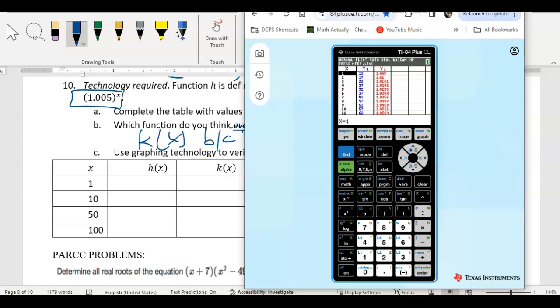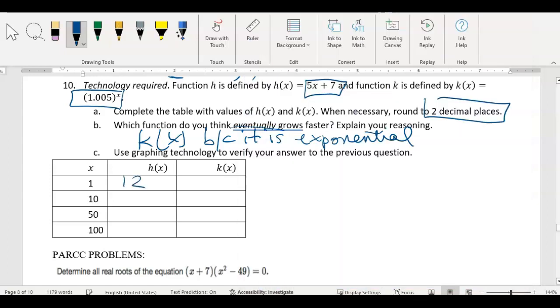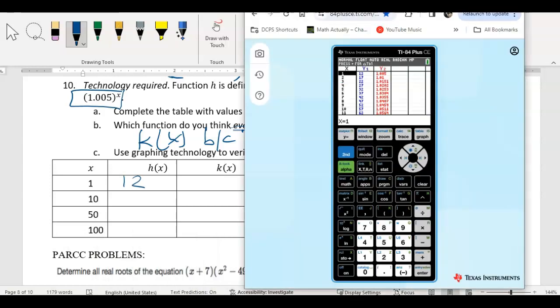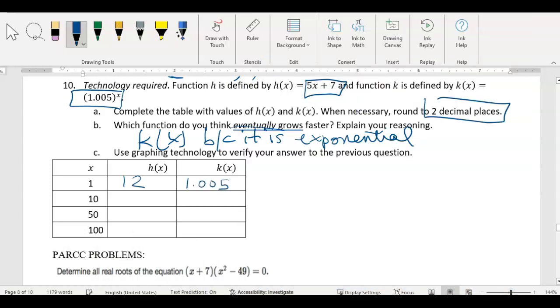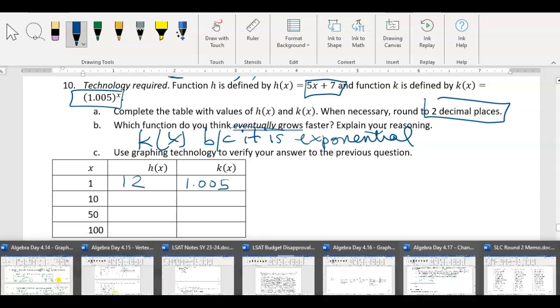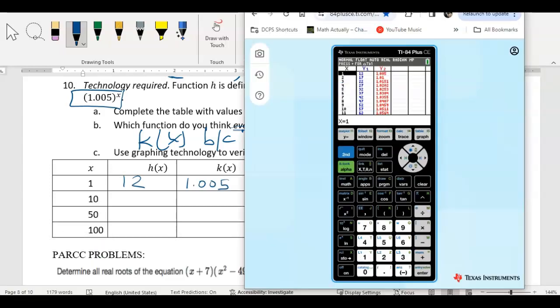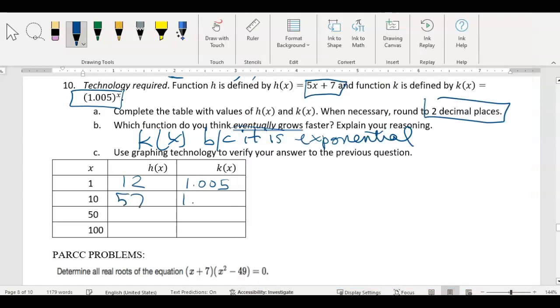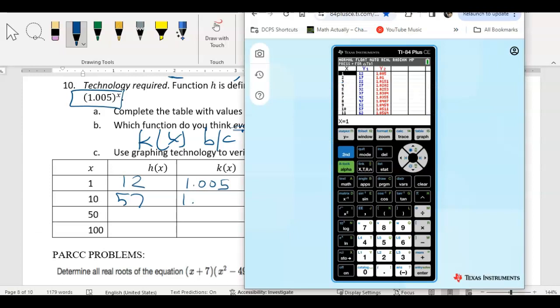Now, 1 is 12 for the first one, and 1.005 for the second one. And then for 10, we have 57 and 1.0511, this is still very, very small.